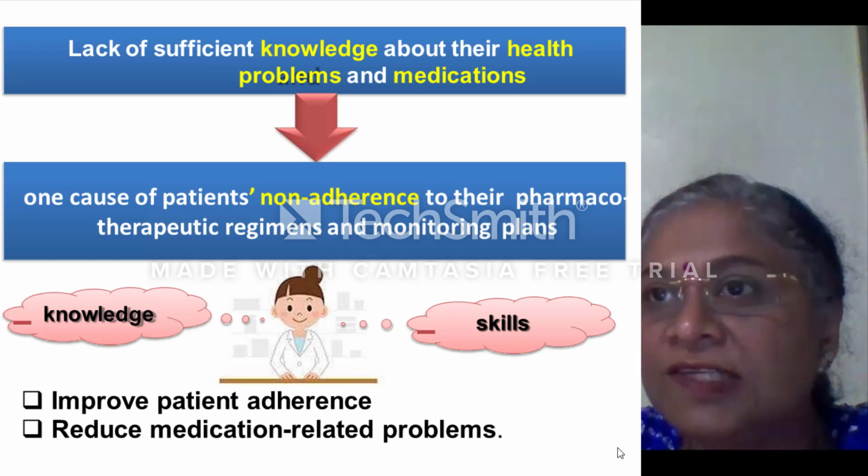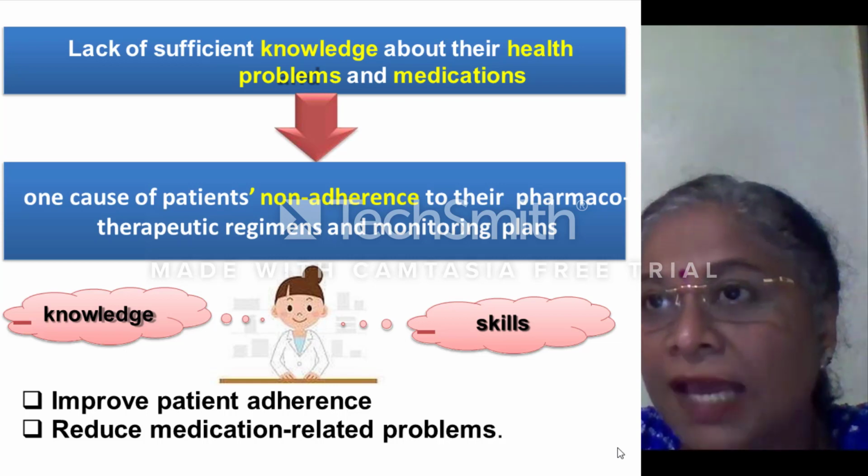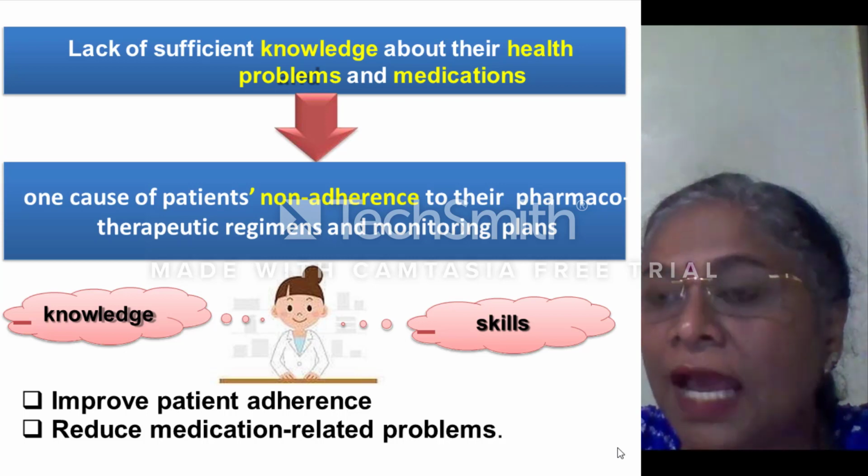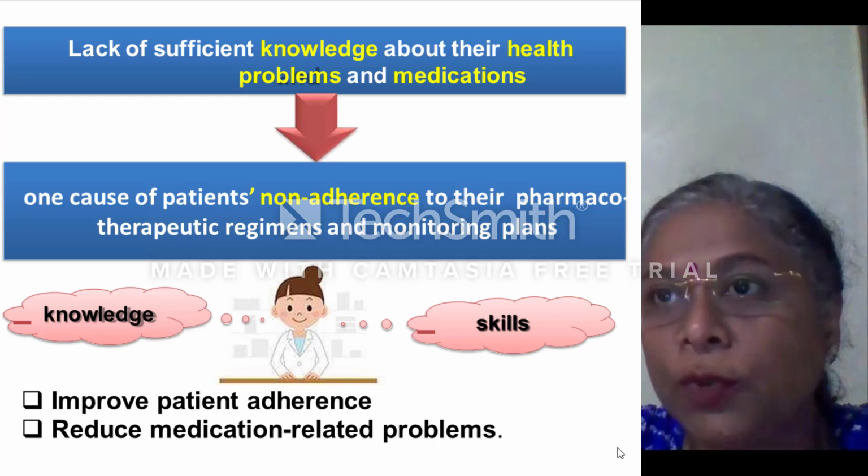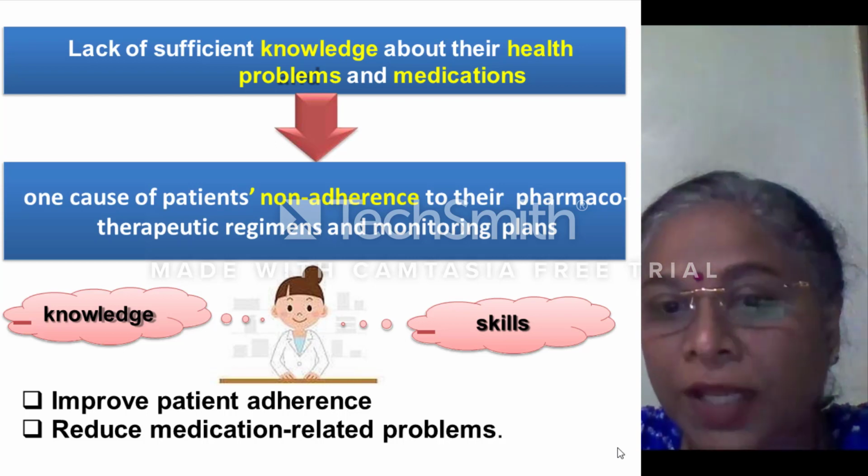So the pharmacist can play a very important role by counseling the patient, because he has entire knowledge about the drugs and medicine, plus he can acquire those skills with the help of which he can convince, educate and counsel people to adhere to their regular therapeutic regimen.